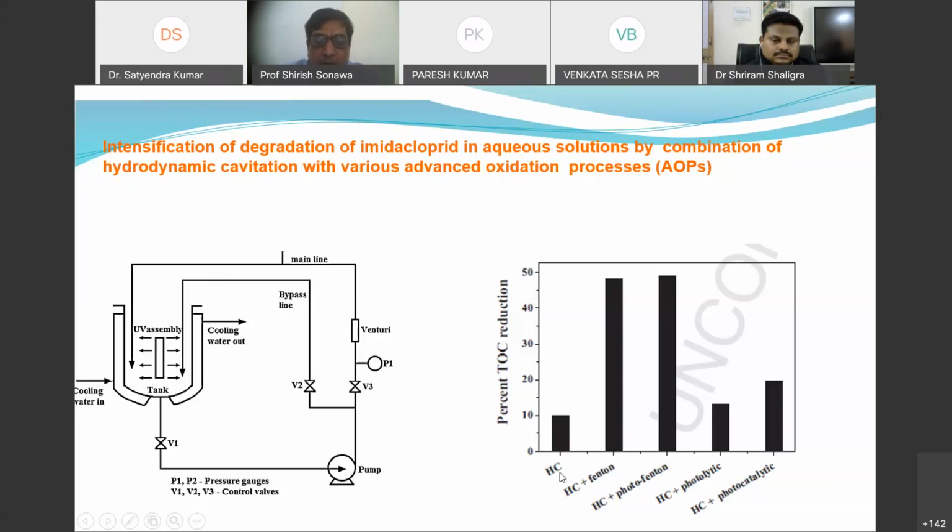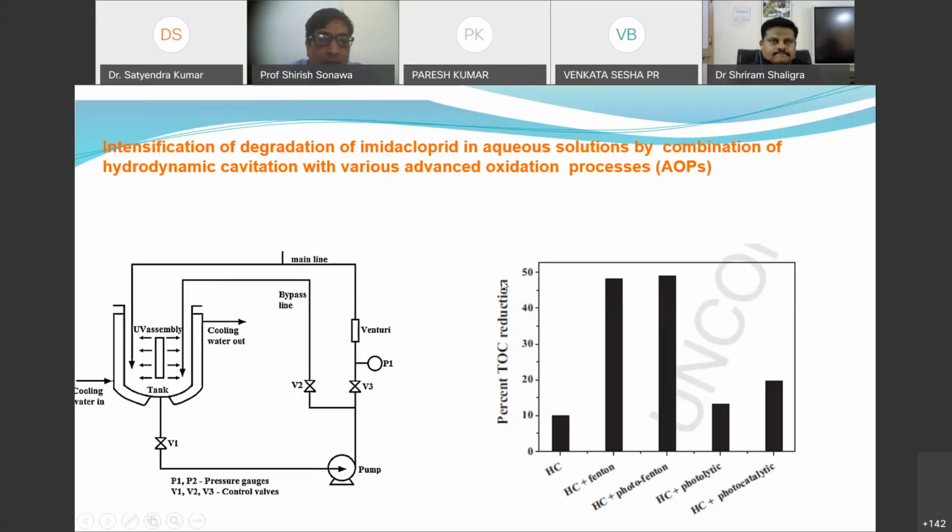Independently, within hydrodynamic cavitation, let's say a slit venturi is being used, it is going to give some degradation of around 10%. But a combination of methodologies, let's say HC with photo-Fenton methodology, will give you the overall synergistic effect because of the photocatalyst content, and you will get a reduction of total organic carbon, or the COD content, in the process.